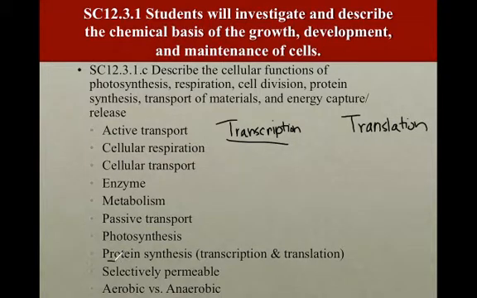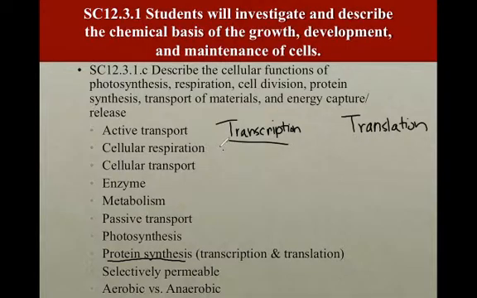Okay, this is both part of protein synthesis. So we're making proteins, but it is in 2 steps. So when you transcribe something, what does that mean? You write it from what? From knowledge to book. You're copying it, right?